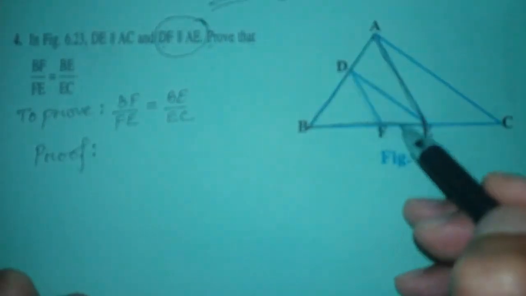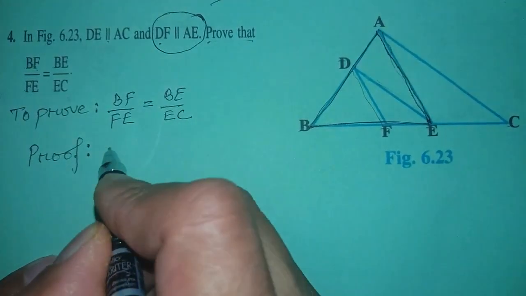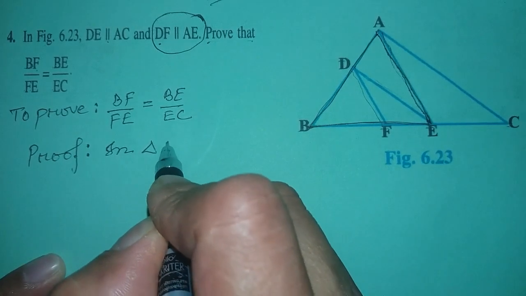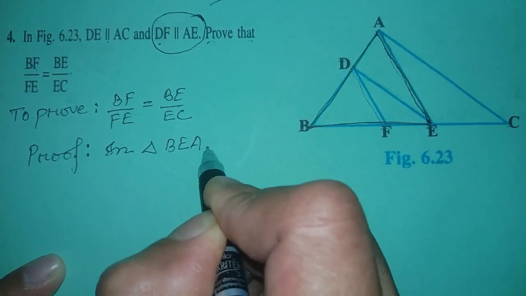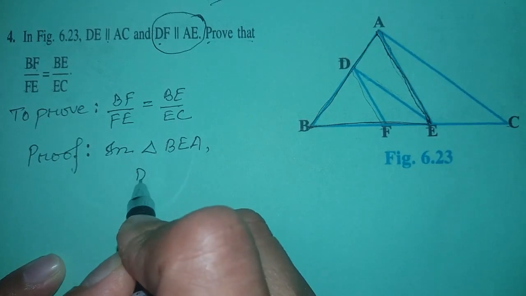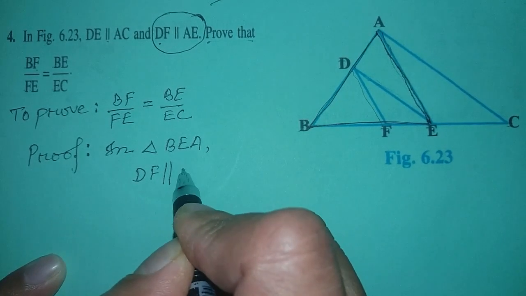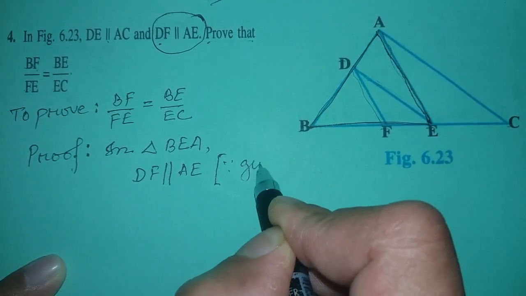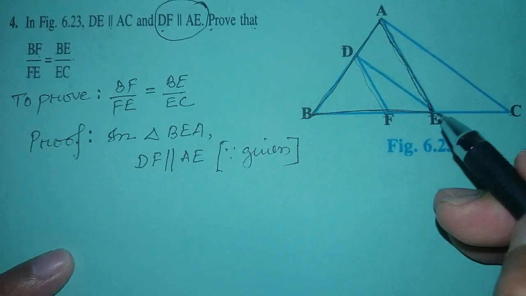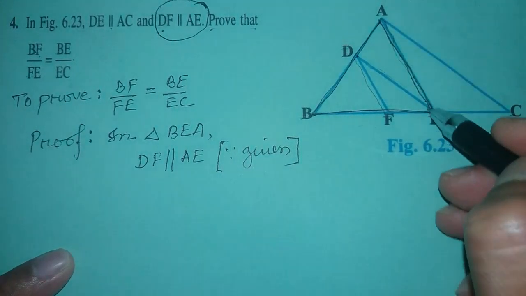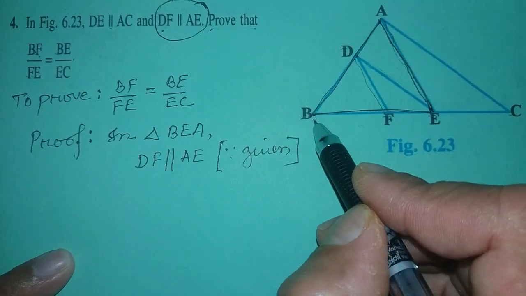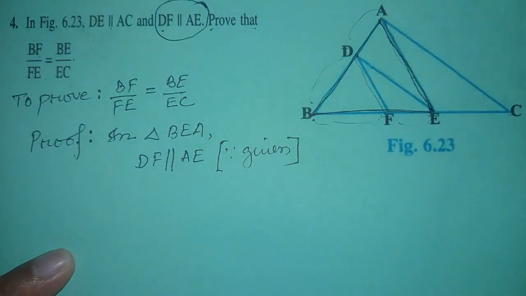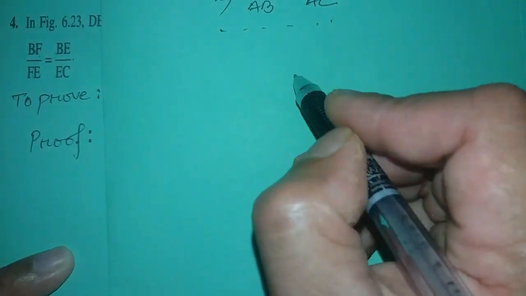So in triangle BEA, DF is parallel to AE. Now since these two lines are parallel, now we can say the ratio of BF by FE is equal to BD by DA.